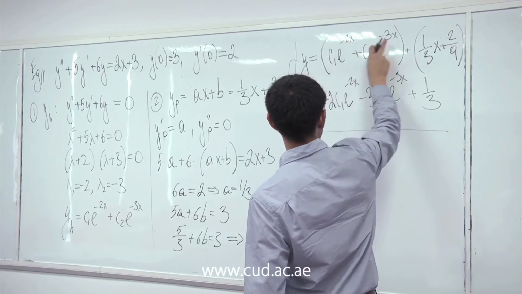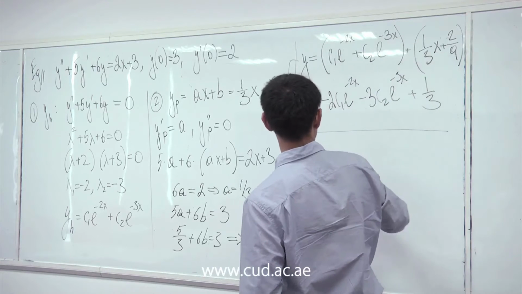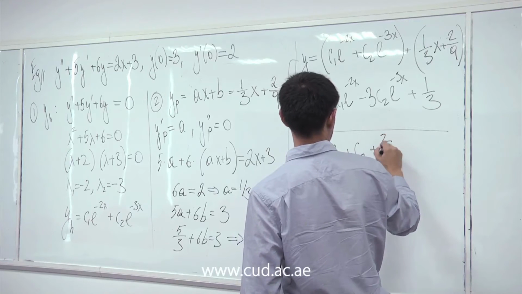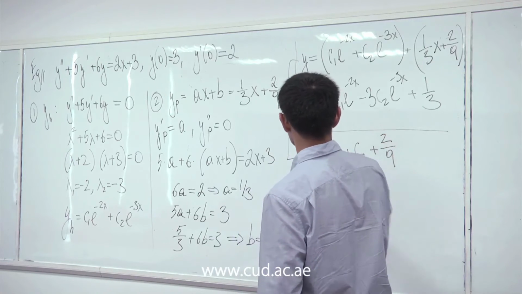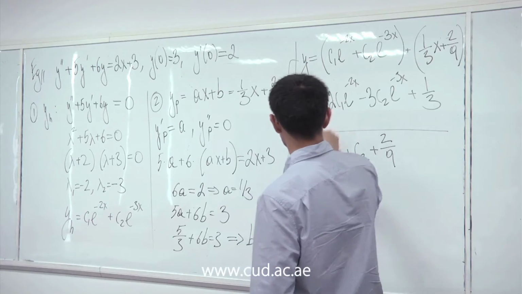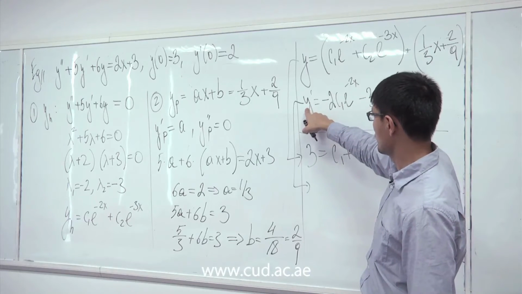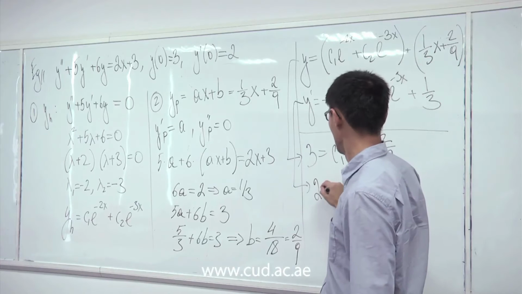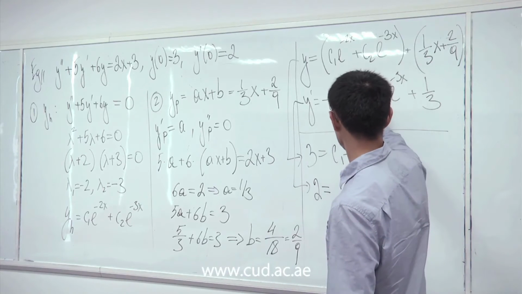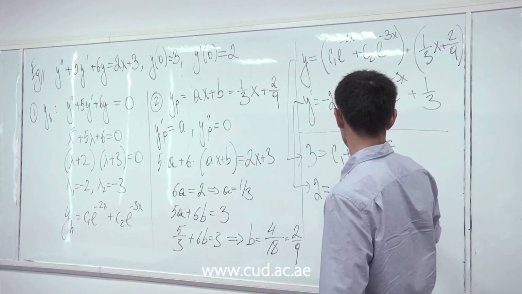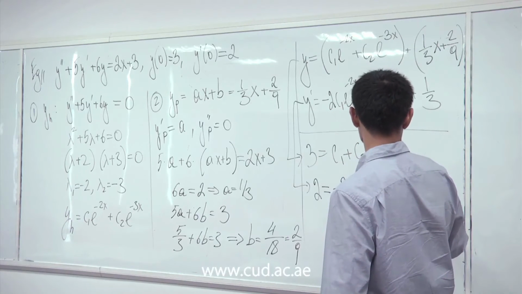So put 0 here, put 0 here, and put 0 here. And we'll get c1 plus c2 plus 2 over 9. And for the second line, if I replace x with 0, y prime has to be equal to 2. So if I replace 0 here, I'll get negative 2c1, negative 3c2, plus 1 over 3.